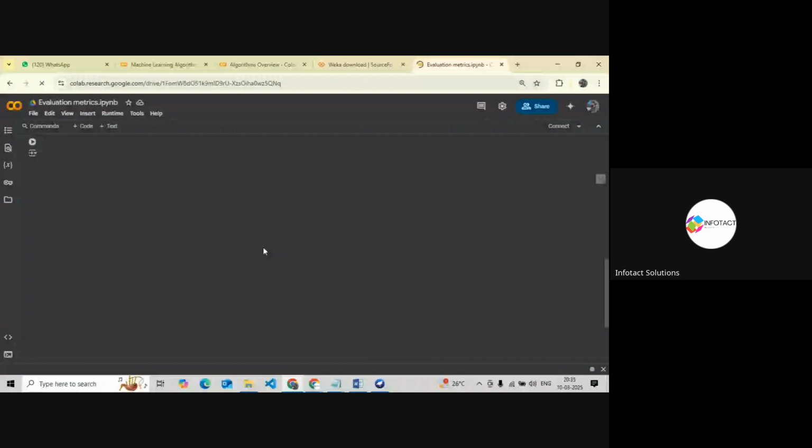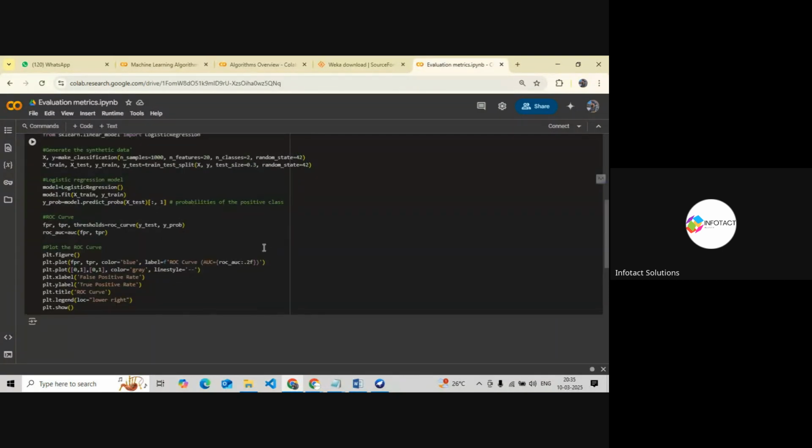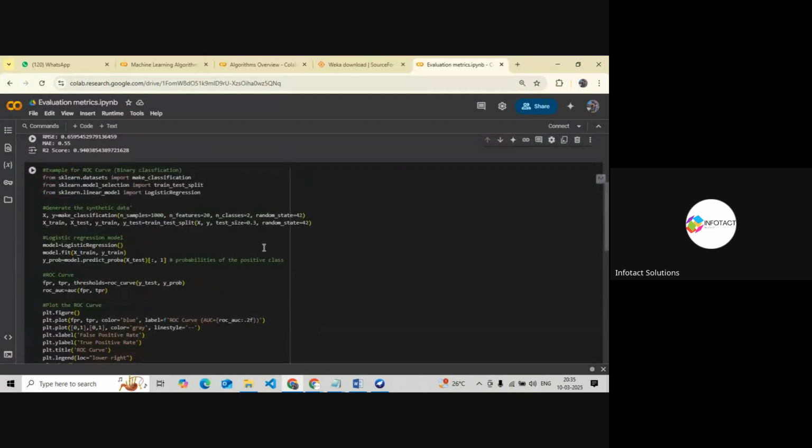Here you can see a ROC curve. First, how to import the ROC curve from sklearn metrics for logistic regression.